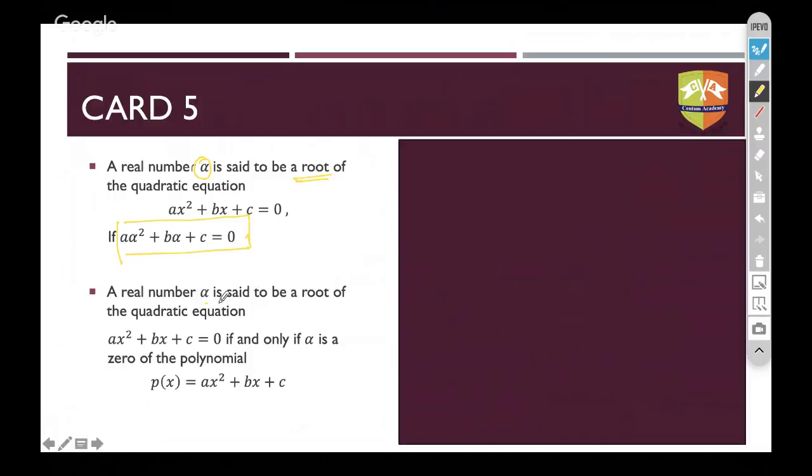A real number alpha is said to be a root of the quadratic equation if and only if alpha is a zero of the polynomial. So we are trying to relate two things. We studied the zero of a polynomial. What is the zero of a polynomial? That particular value of the variable which makes the polynomial 0. So the zero of a polynomial will become nothing but the root of the equation.